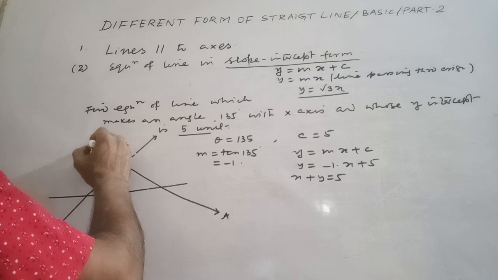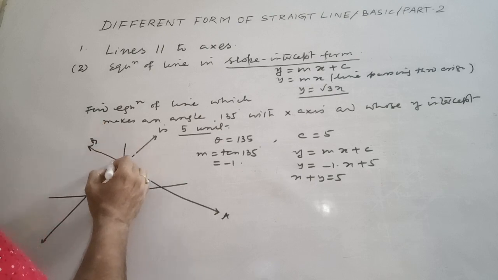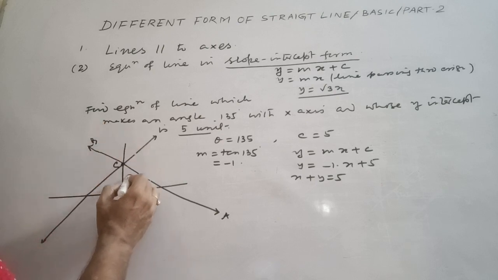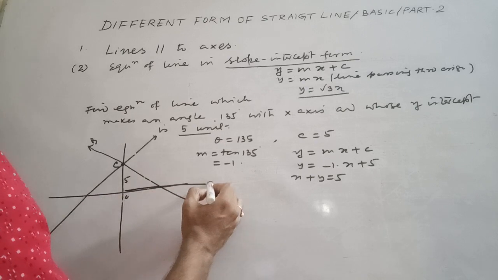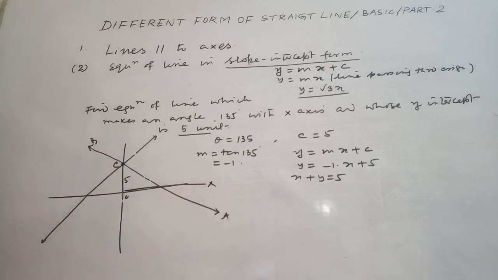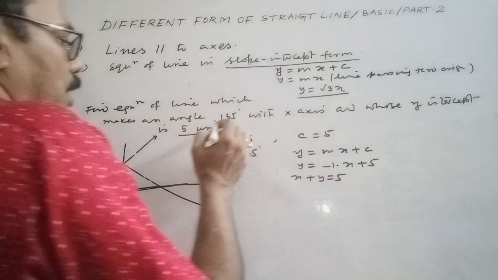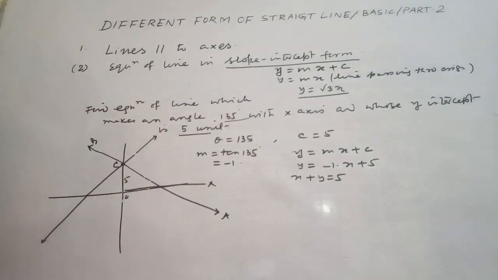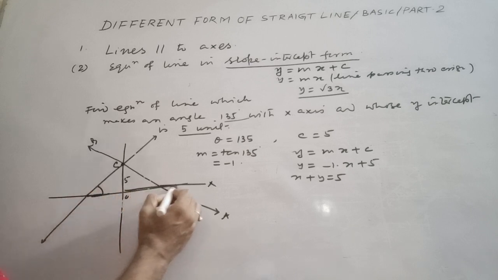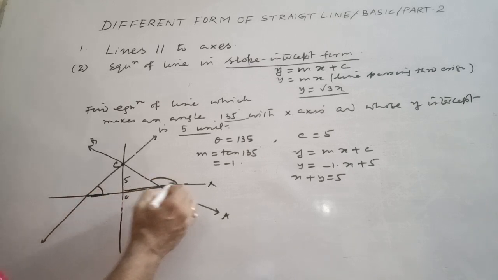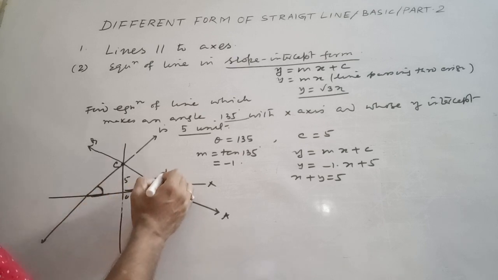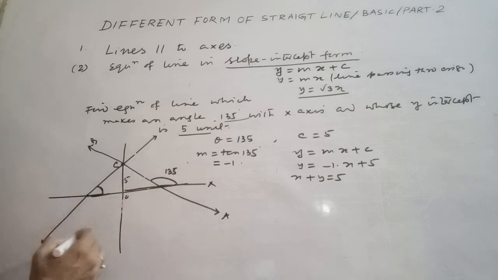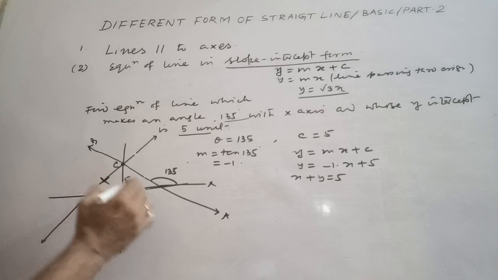Now the second condition is given, it makes an angle 135. So it cuts the x-axis here. So this is the positive part and it cuts the x-axis here, so it is not 135. So the figure is this one.